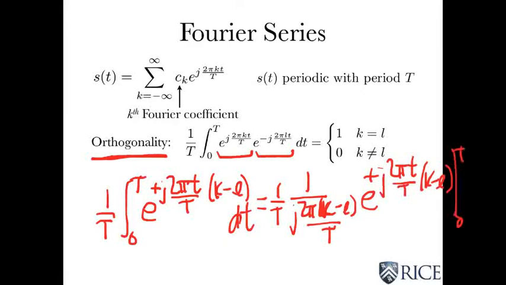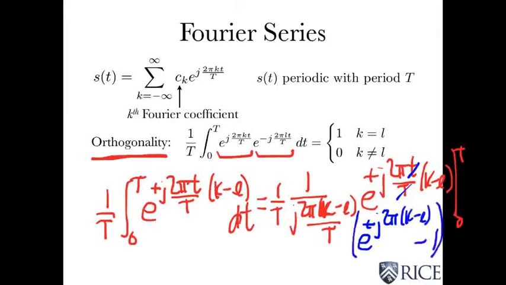Well, what do we get when we evaluate it at the upper limit here? Well, the t is capital T, so these cancel. And what you're left with is e to the plus j 2 pi times (k minus L). And evaluating at 0 gives us 1, of course.